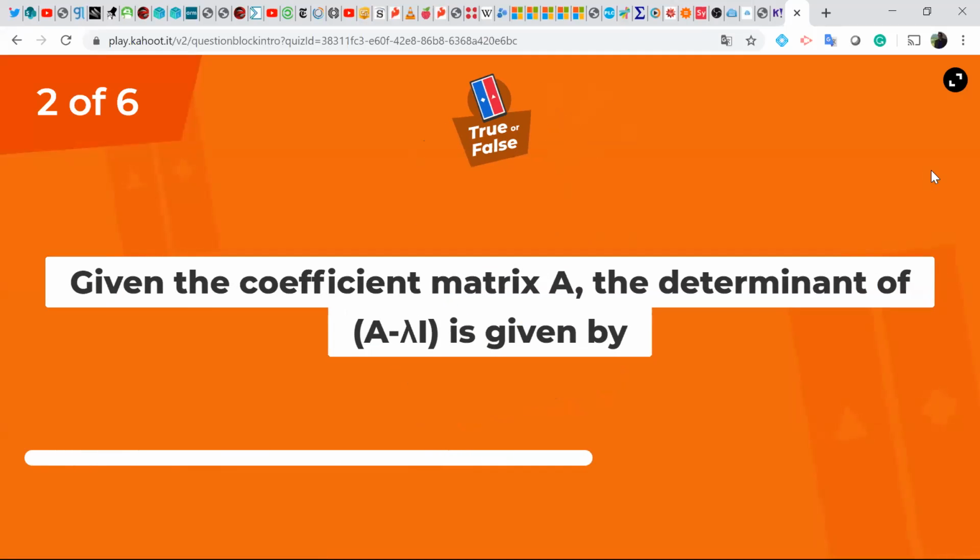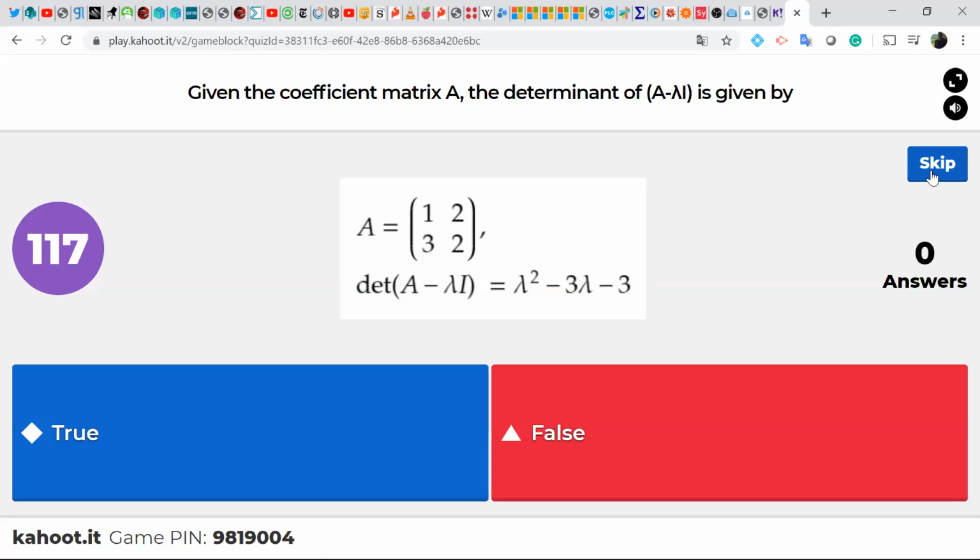So in this case, you just have to say if it is true or false that if you have A, the coefficient matrix, you need to find the matrix A minus lambda I, and find the determinant.